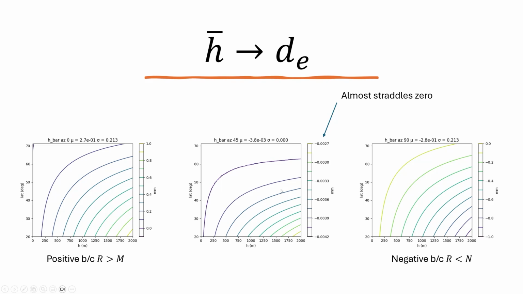When we draw our attention to the center pane, this is an azimuth of 45. Well, this is where G almost exactly equals the radius of curvature in the normal section for 45 degrees. And look at the errors. This is 10 thousandths.